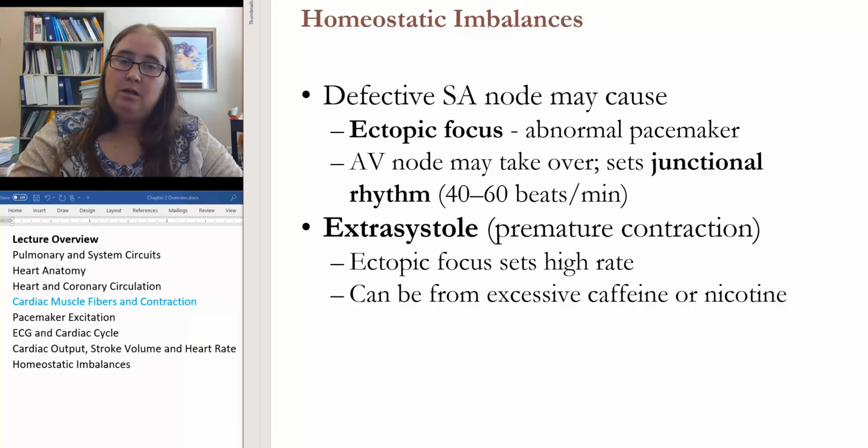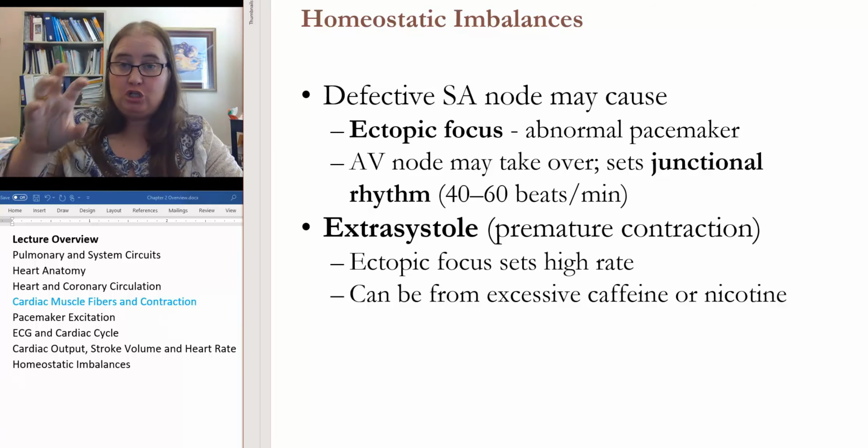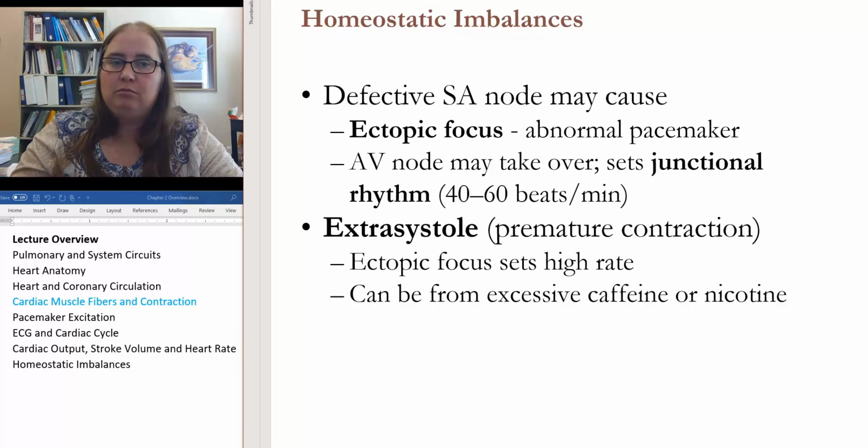Now, you can have a defective SA node, right? That first firing node. This can cause something known as ectopic focus, which is basically an abnormal pacemaker. The AV node takes over, which is fine, and sets a new rhythm known as the junctional rhythm.